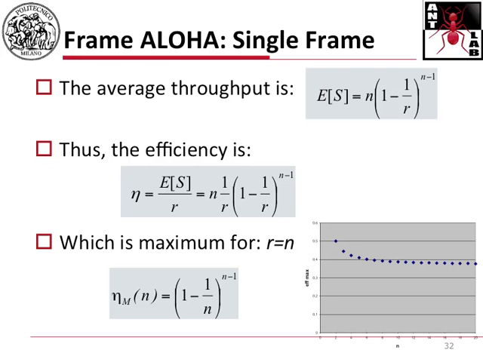Clear? And this is the average number of transmissions which are successful out of all the n tags in my system, given that the frame size is R slots, which is exactly what is written out there. The assumption is that all the tags choose randomly one slot in the R slots in the frame. That's why all of this is independent.